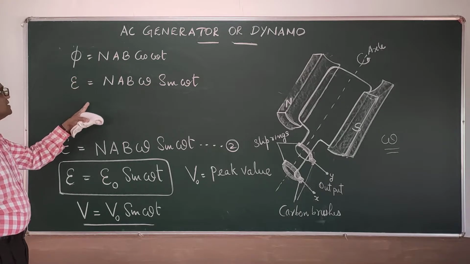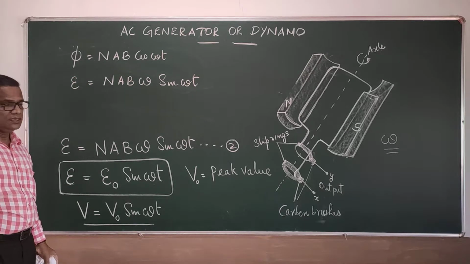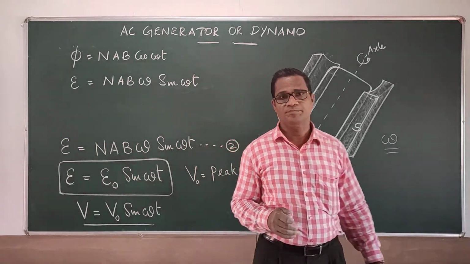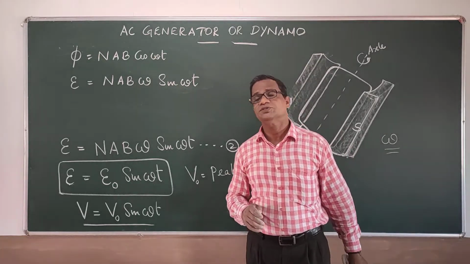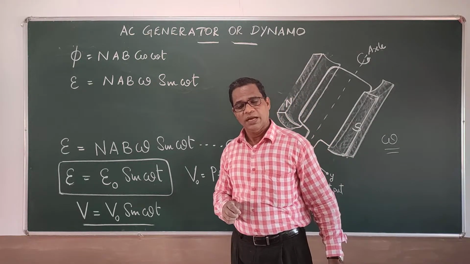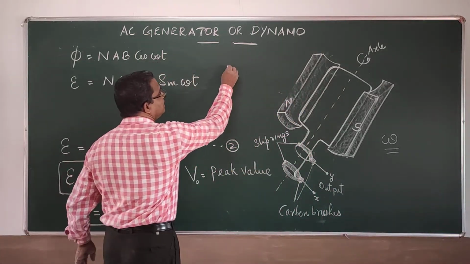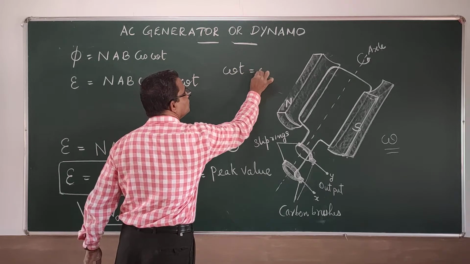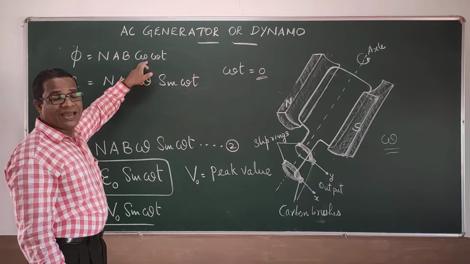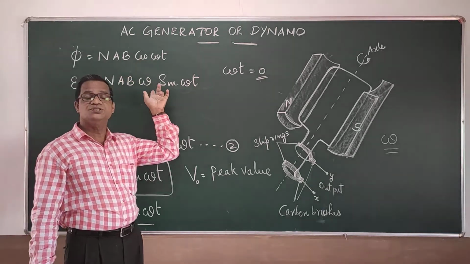So between the flux and the output voltage there is a 90-degree phase difference. When the angle omega t equals 0, the flux is maximum, but the induced EMF will be 0.